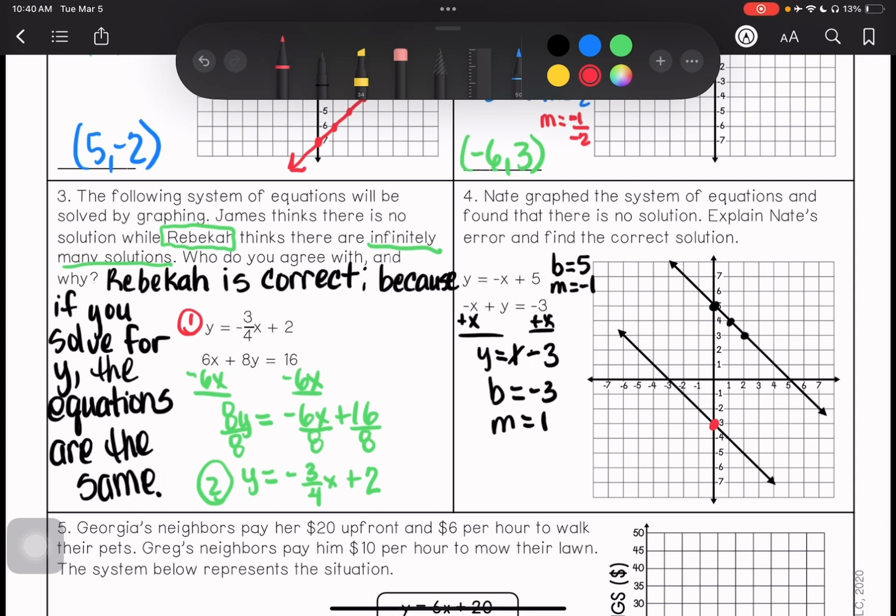And you go rise one, to the right one, repeating that. So we graph this as a line. He drew a negative slope instead of a positive slope. So his point of intersection should be at (4, 1). So that is the correct solution.